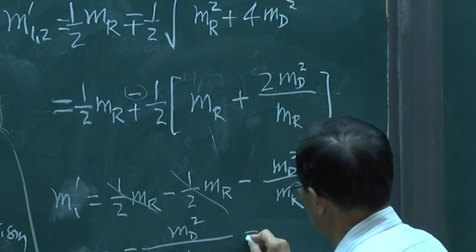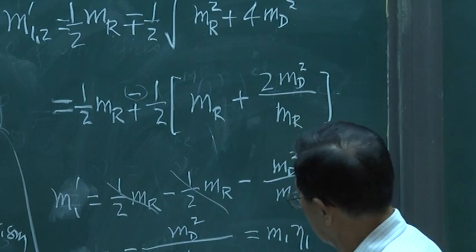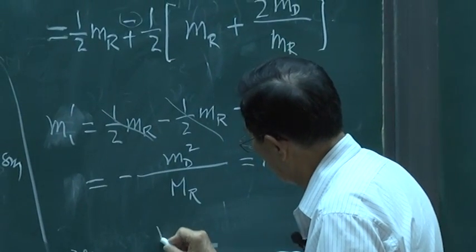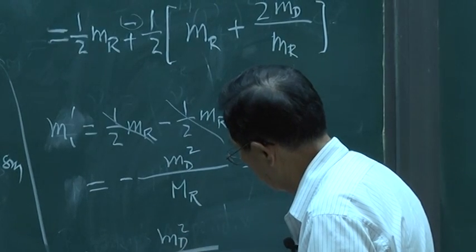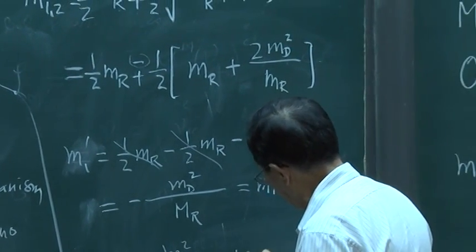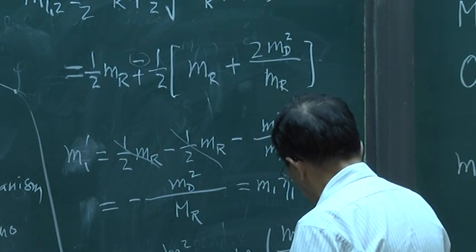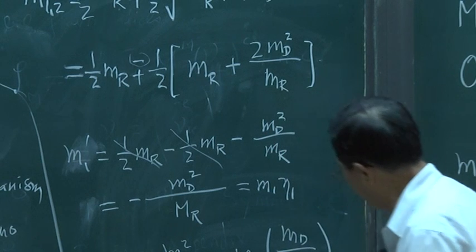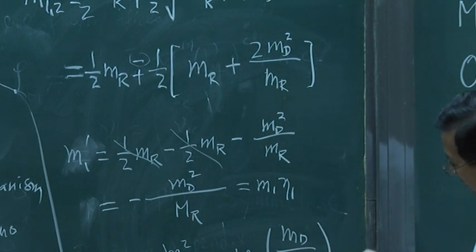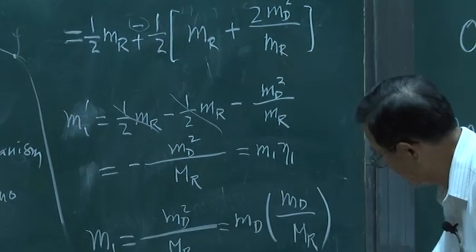And this will be equal to M1 times eta 1, and eta 1 is negative. So M1 is equal to MD squared divided by MR. And I can write this as MD times the ratio MD over MR. Because MR is assumed to be much bigger than MD, this number is much less than MD.